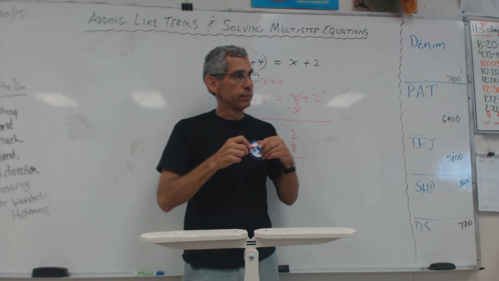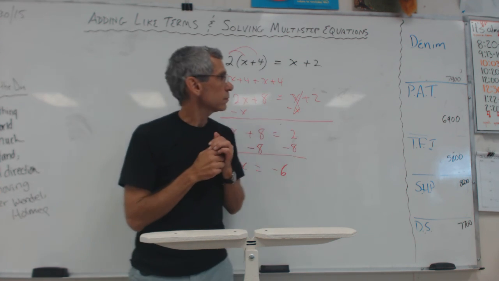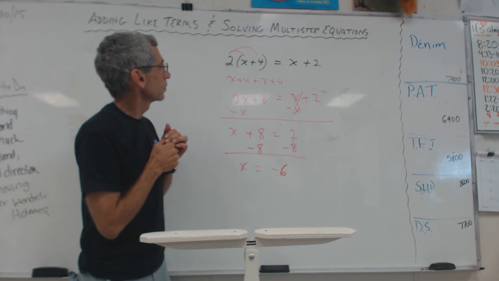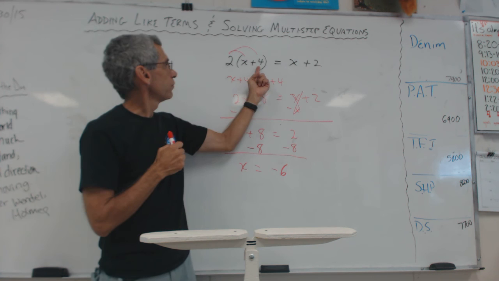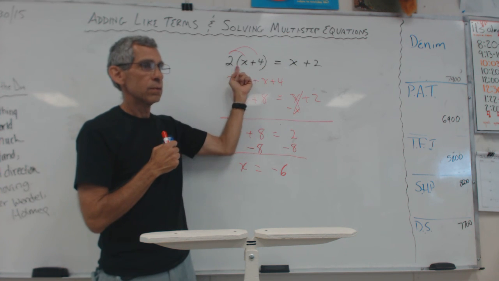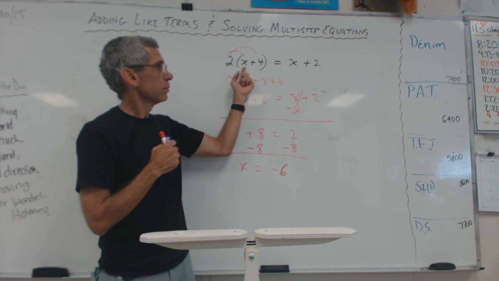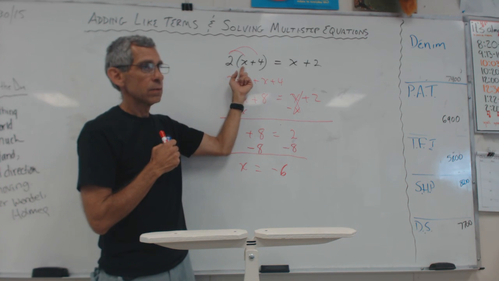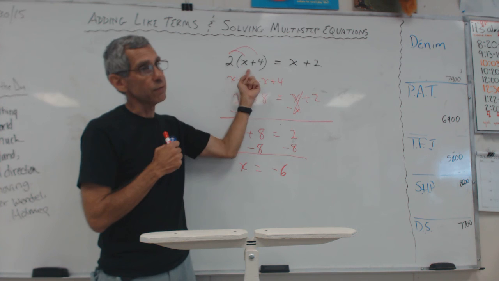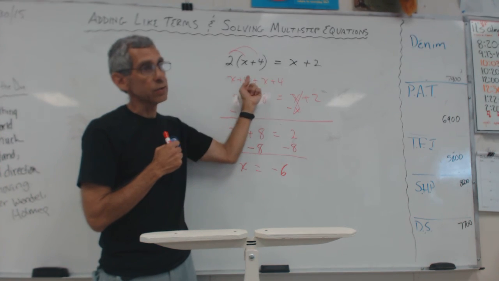That's PEMDAS. That's doing your multiply before you start adding and subtracting. What I did is I added x to 4 equals 4x and times it by 2. Well, you can't add x to 4. So I added x and 4 in the parentheses, and I times it by 2 and got 8x. Yeah, but x plus 4 is not 4x. Those are not like terms.